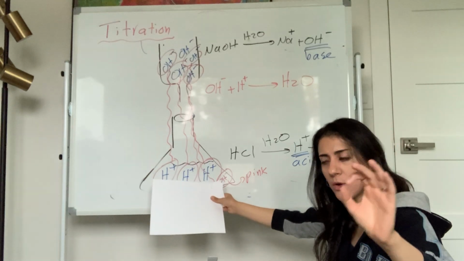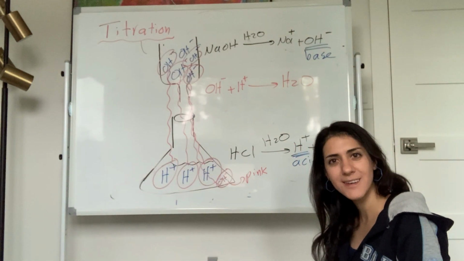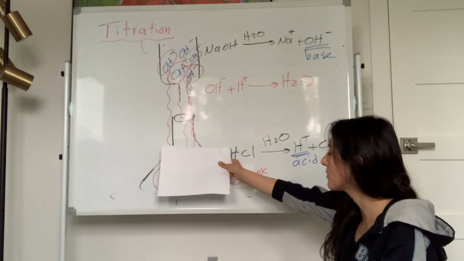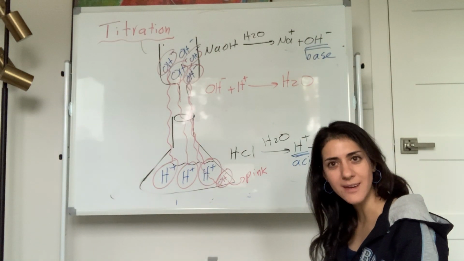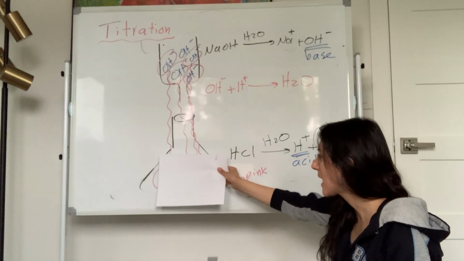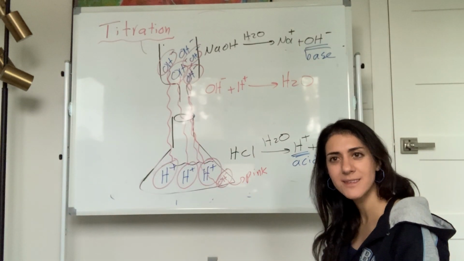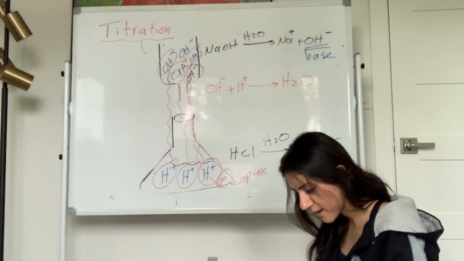So I added 3 OH before it turned pink. That means I had 3 H plus over here. I added 3 OH and then it turned pink for the fourth one. That means I had 3 H plus down here. So you can figure out how much acid you have down here based on how much of the base you added. You guys follow that hopefully? Okay, nice job. So this is kind of cool.